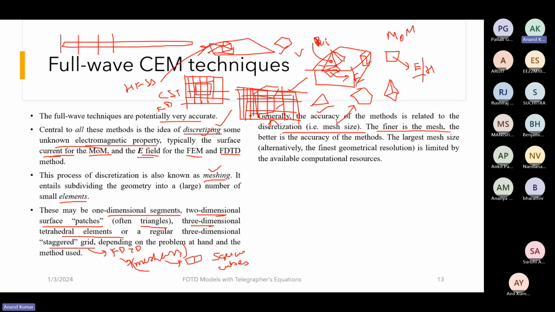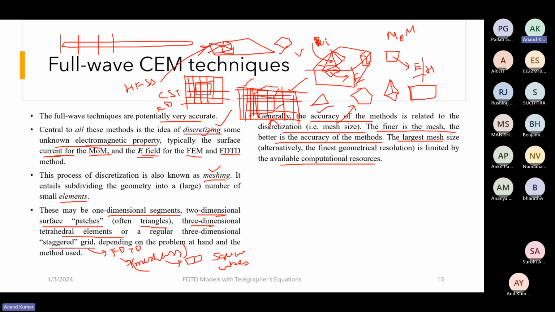The finer the mesh, the better the accuracy of these methods, and the largest mesh is limited by the computational resources. So the question arises: if we use finer meshes, then we get more accurate results, then why don't we make the discretization smaller?